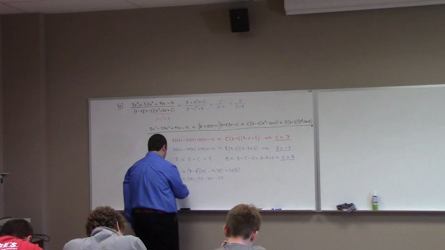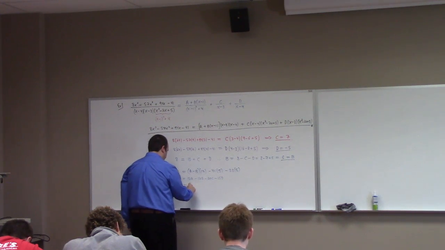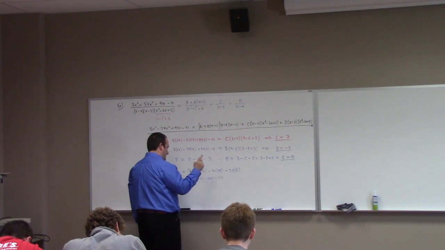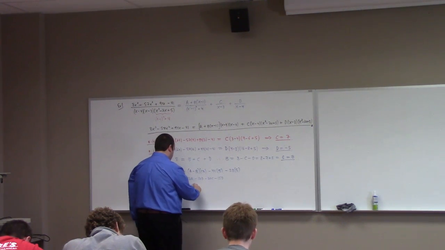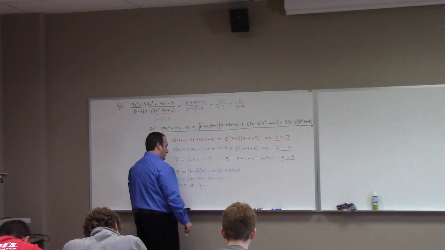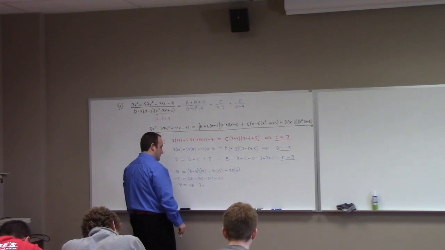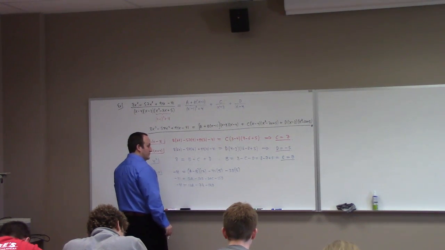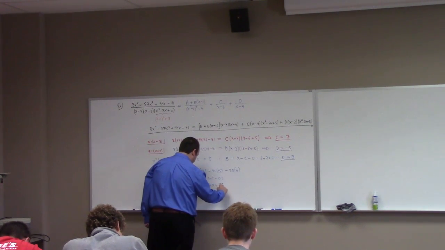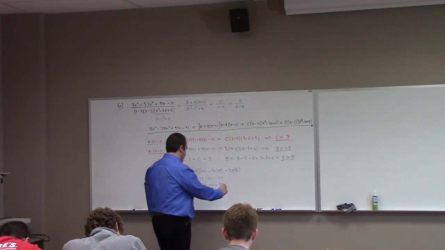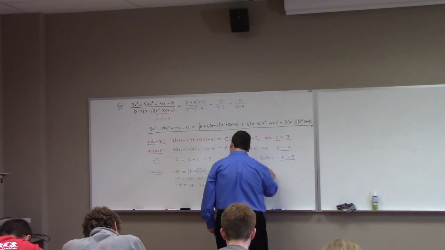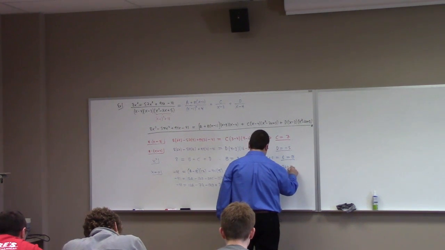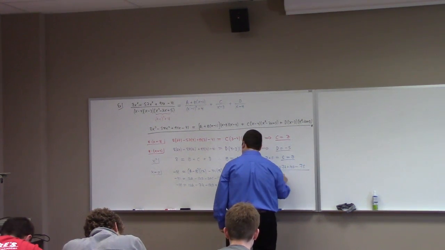What was b? 6. 6 times 12 is minus 72. C was 7, minus 140. D was 5, plus 75. So what's a equal to? Minus 41 plus 72 plus 140 minus 75, all divided by 12.